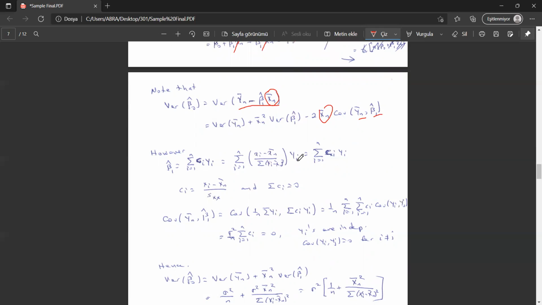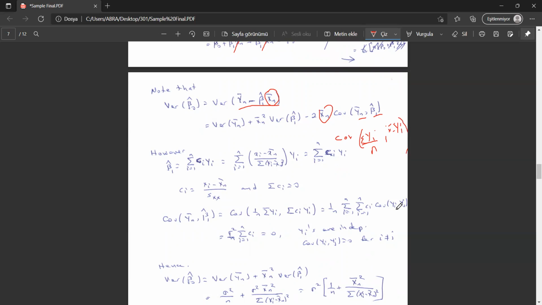So we have the covariance between y bar and something times yi. And y bar also can be written in terms of yi. So you are just trying to find the covariance between summation of yi over n, and some x values, some non-random values times yi.